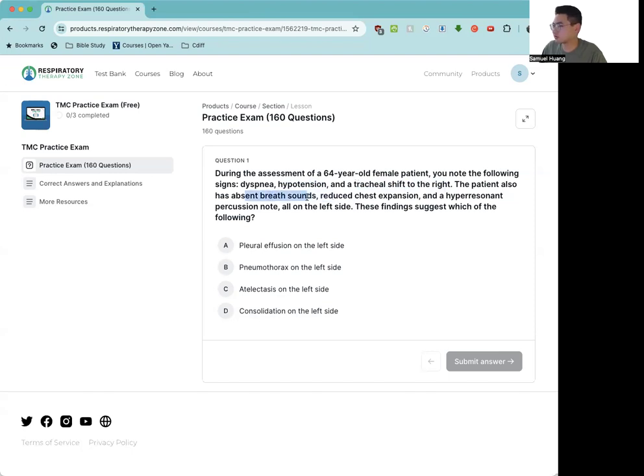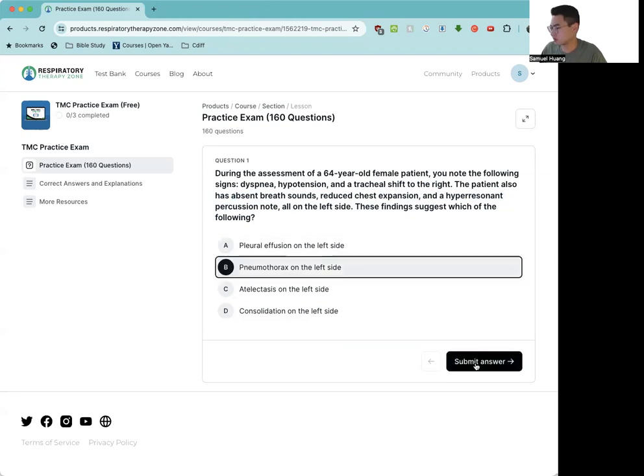Absent breath sounds, probably pneumothorax, reduced chest expansion, hyperresonant. Only a couple things can cause hyperresonance too, usually involving air inside the lungs. And it's on the left side, so it's opposite from where the tracheal shift is. Pneumothorax on the left, pushing it to the right, if I had to guess.